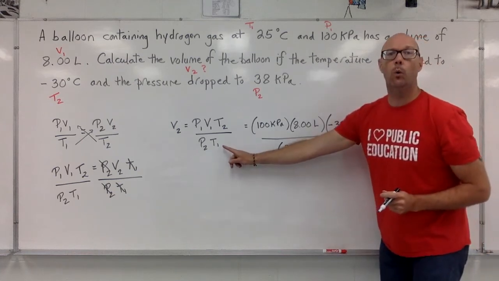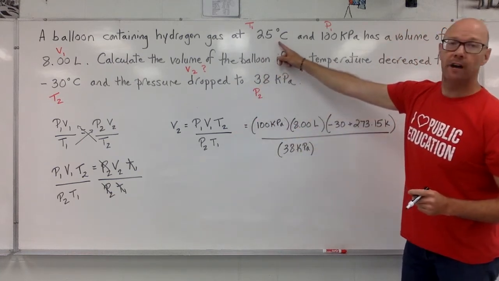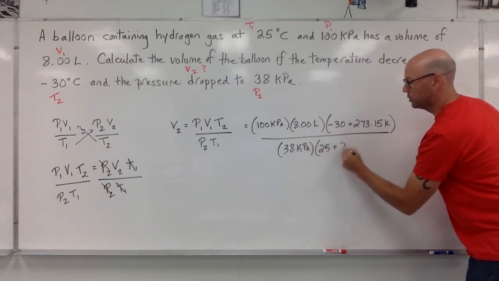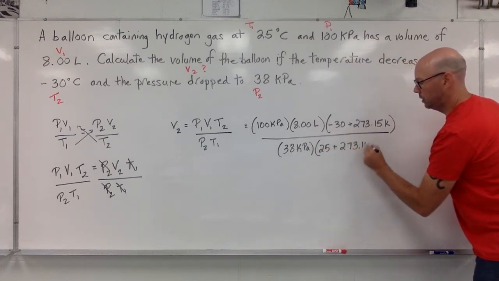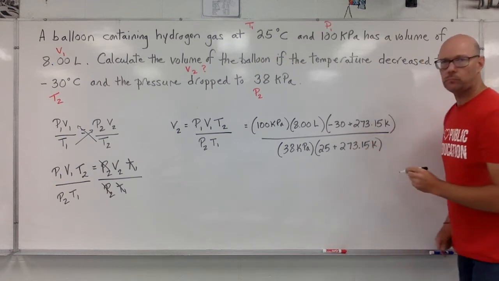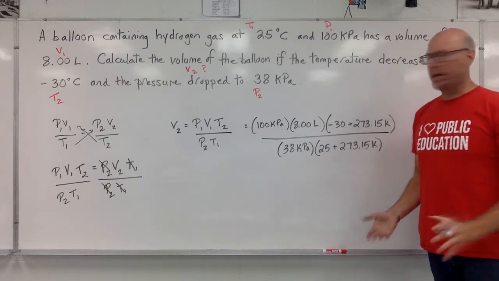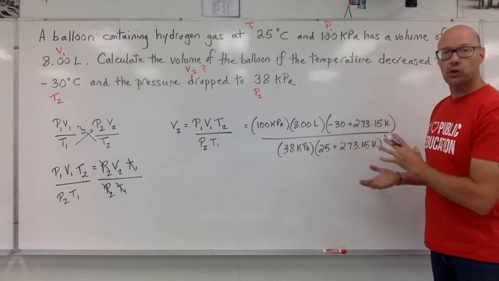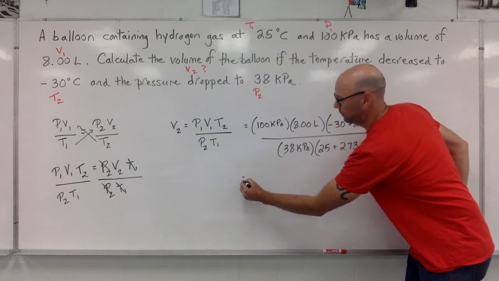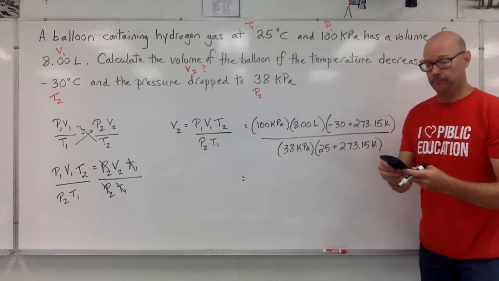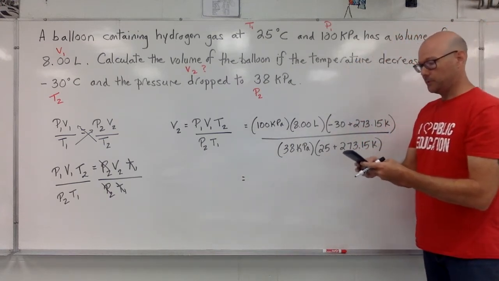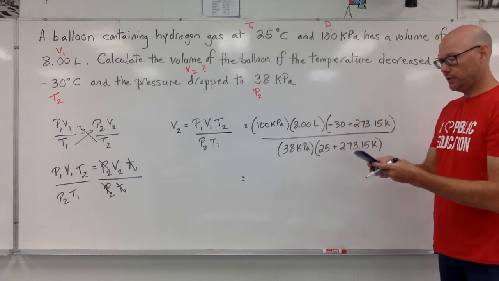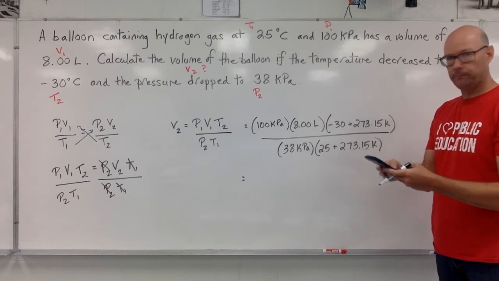And T1, what was T1? 25 degrees Celsius. 25 plus 273.15. Lots of buttons to push. If I made it this far, I hope I can get the answer. Let me be careful. There's so many buttons to push. I'm typing away. 100 times 8 times negative 30 plus 273.15.